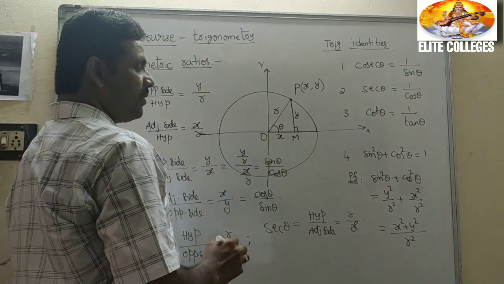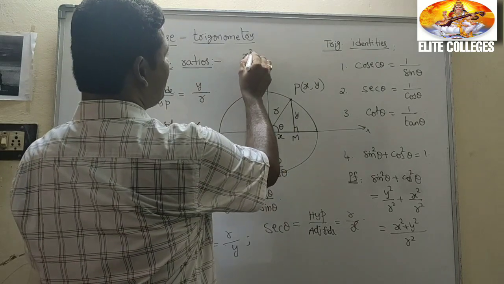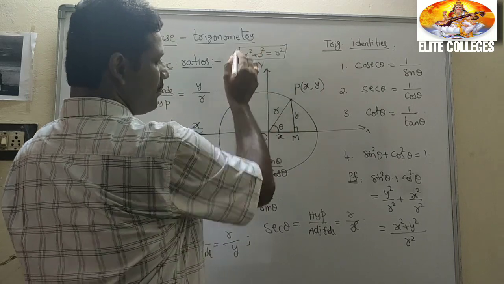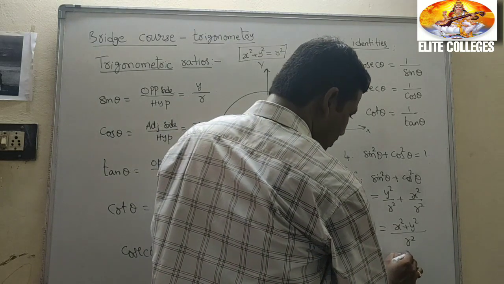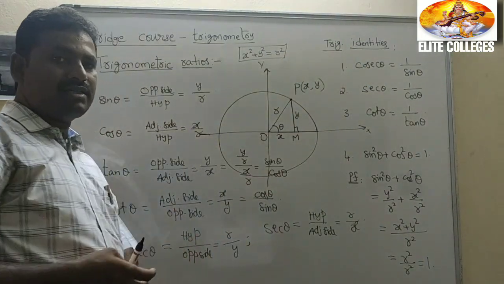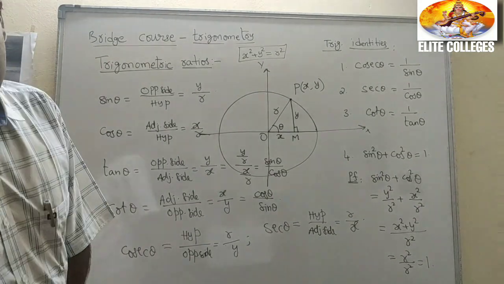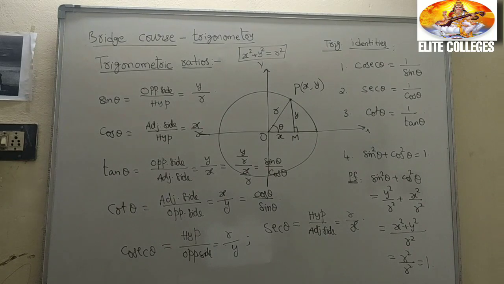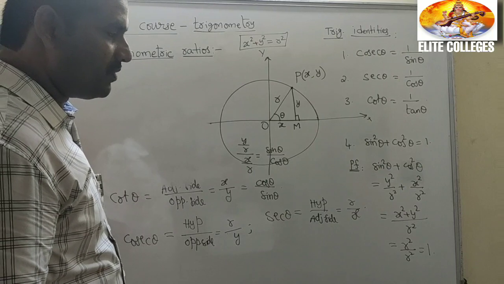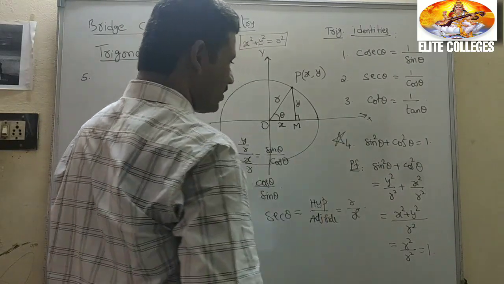By Pythagoras theorem, x square plus y square equal to r square. So the numerator is r square, and r square by r square equal to 1. So sin square theta plus cos square theta equal to 1. That is the identity we use very frequently.